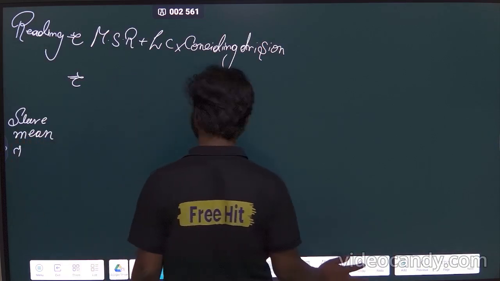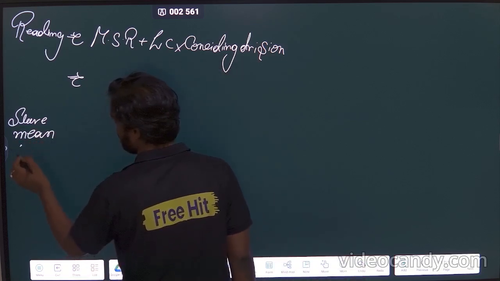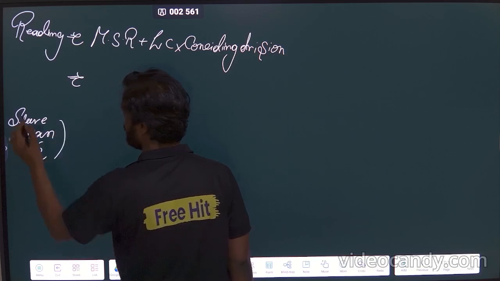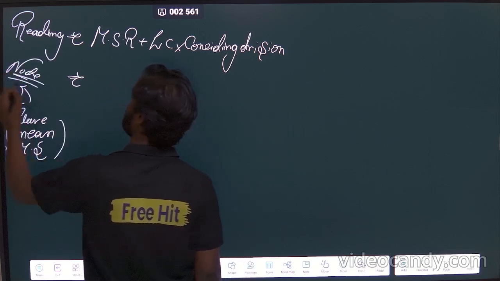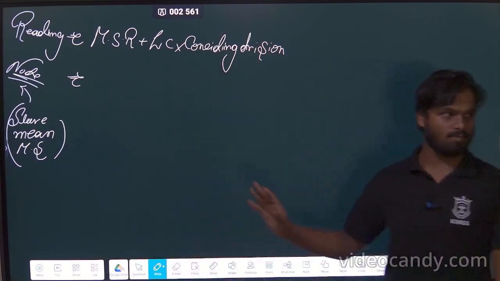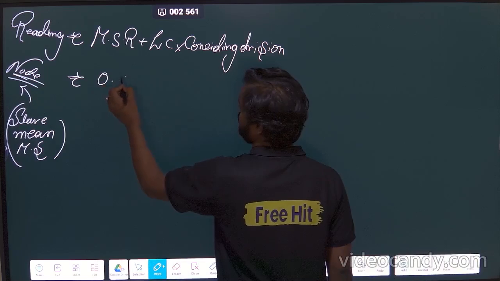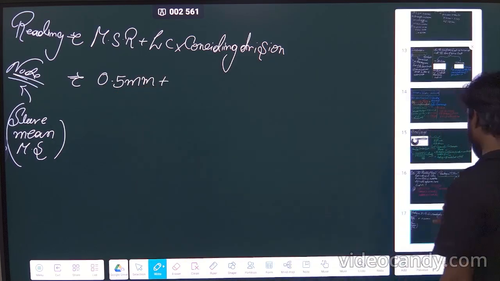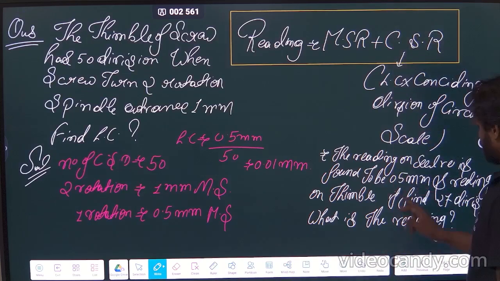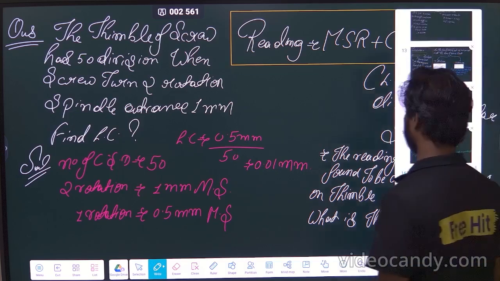There are different names, just remember this. So sleeve means main scale. What is my main scale reading? That is given, 0.5 mm. The coinciding division is 27.